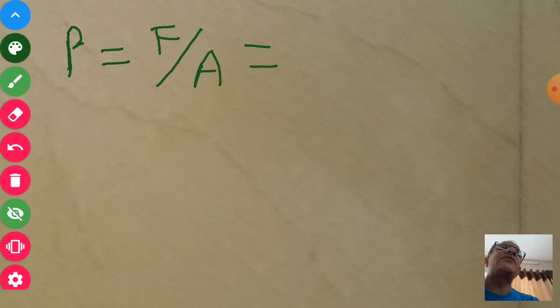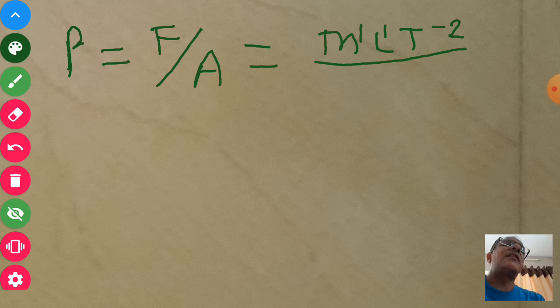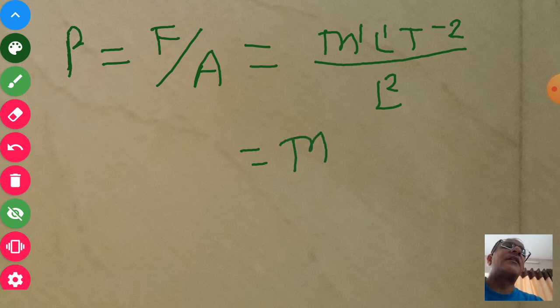Pressure is, we know the formula, force upon area. So first you write the dimensions of force: M1 L1 T raised to minus 2. Area is having the dimensions L2. So if you simplify, then you will get M1 L minus 1 T raised to minus 2.